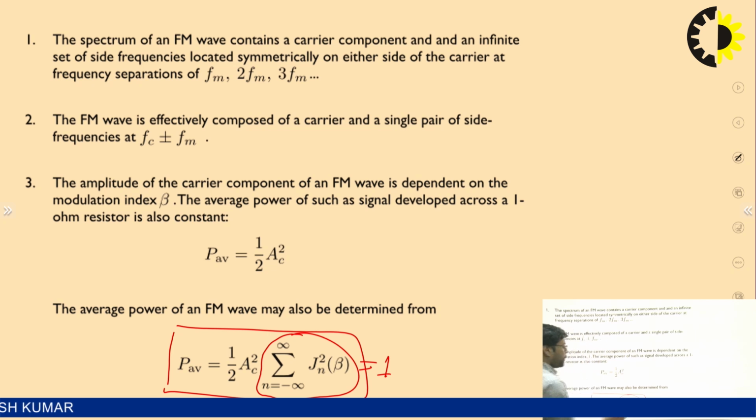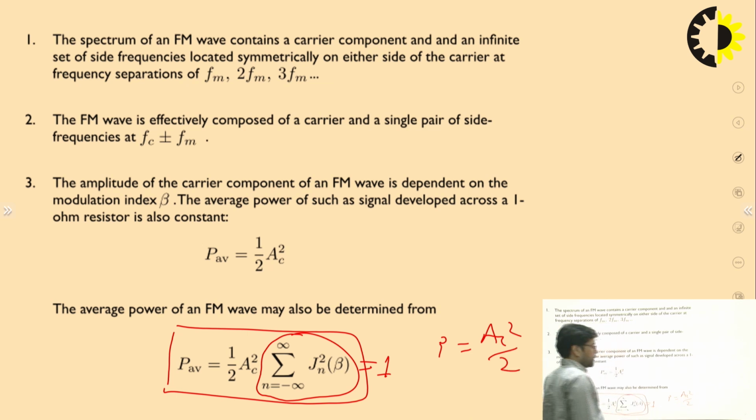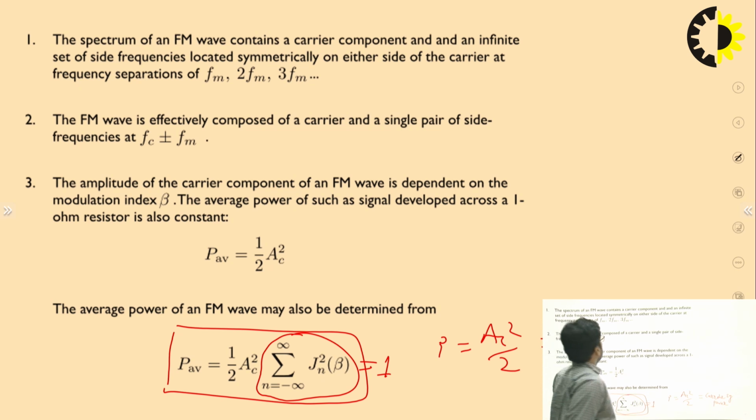So you will have the power equal to A_C squared by 2. This power is nothing but the carrier power. So for wideband FM, the power requirement is the same as the carrier signal power.